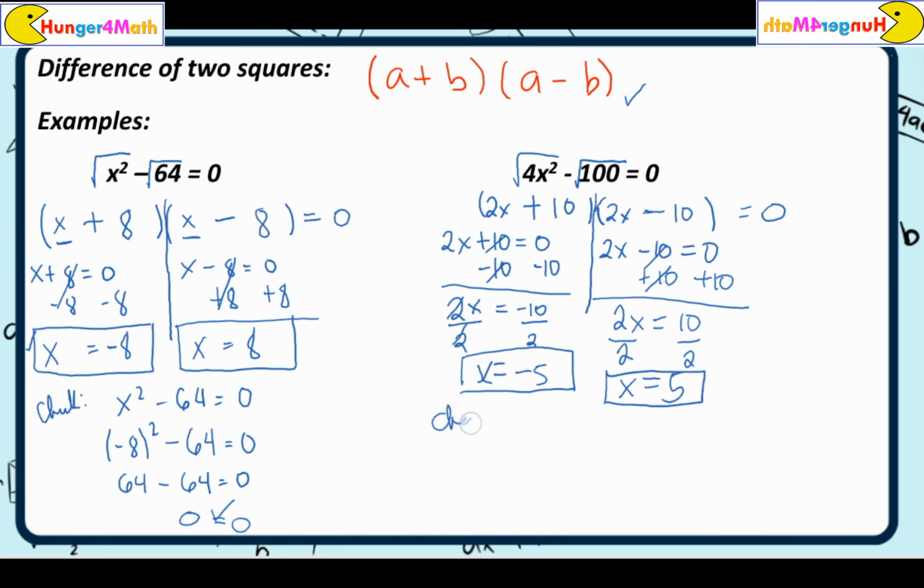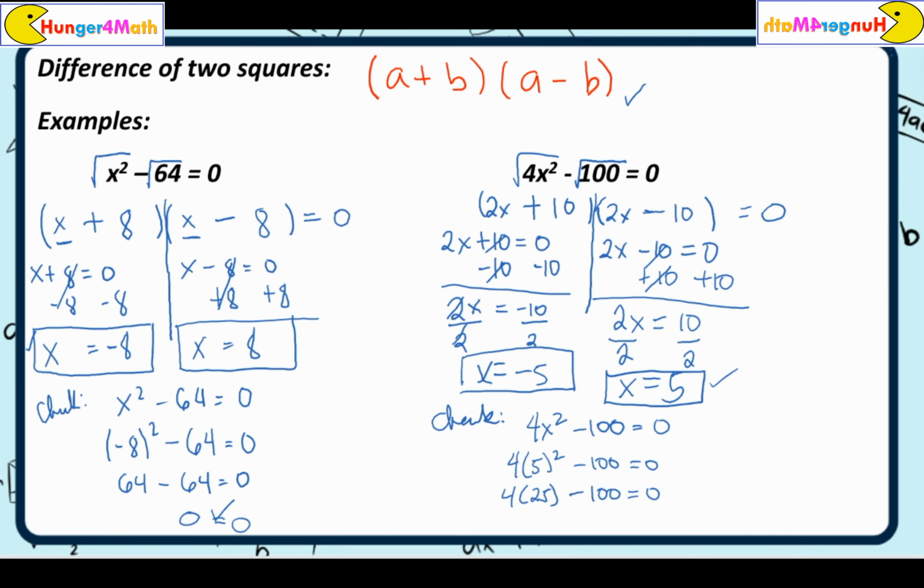For checking, let's write the equation. We have 4x squared minus 100 is equal to 0. Let's start with the second value of x, which is positive 5. So 4 times 5 squared minus 100 is equal to 0. 5 squared is 25, so that will be 4 times 25 minus 100 is equal to 0.